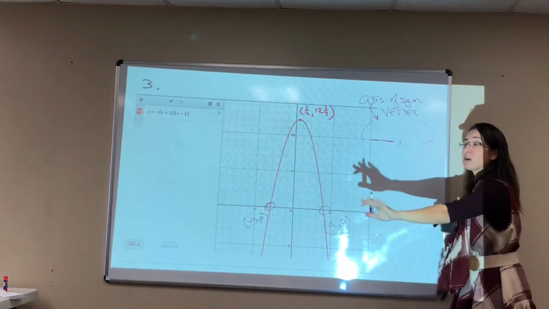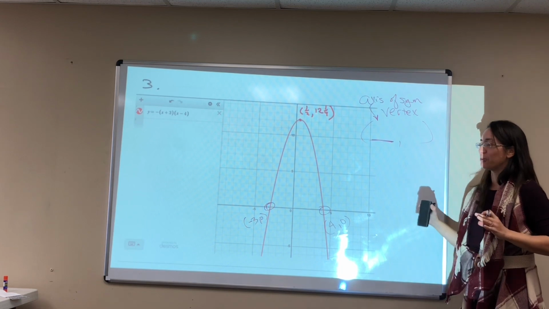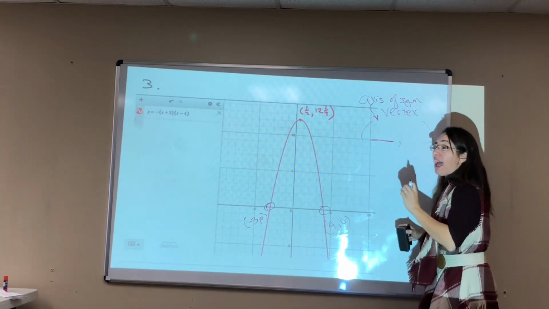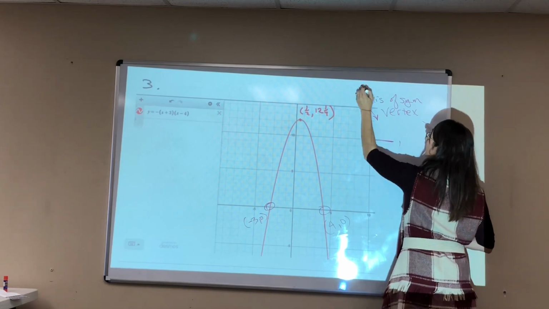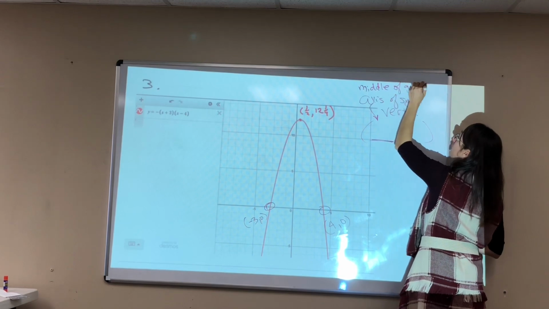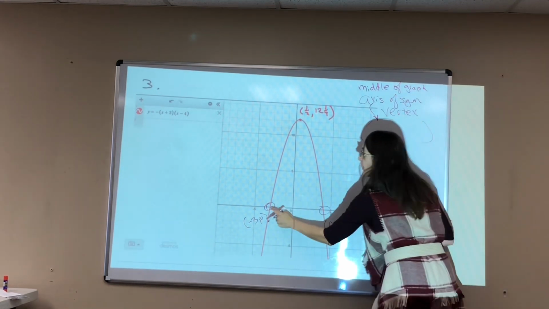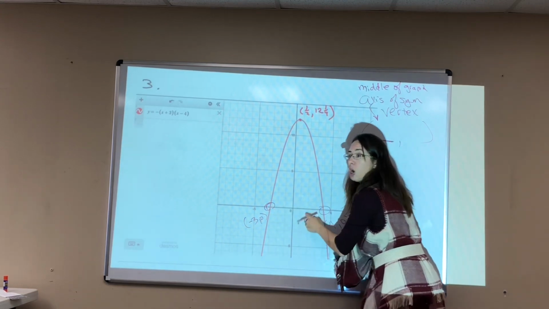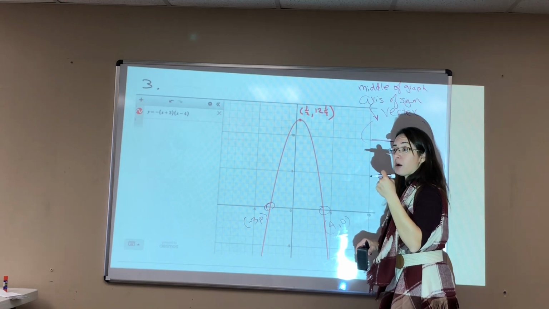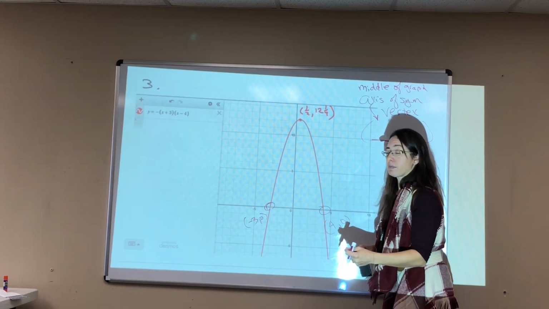Okay, we're taking what we know, applying it to what we don't know. Big brain skills, okay? Now, the axis of symmetry also has to go down the middle of the graph, right? It has to go straight down the middle. Well, if these 2 points are on the graph, the axis of symmetry has to go down the middle of them, right?